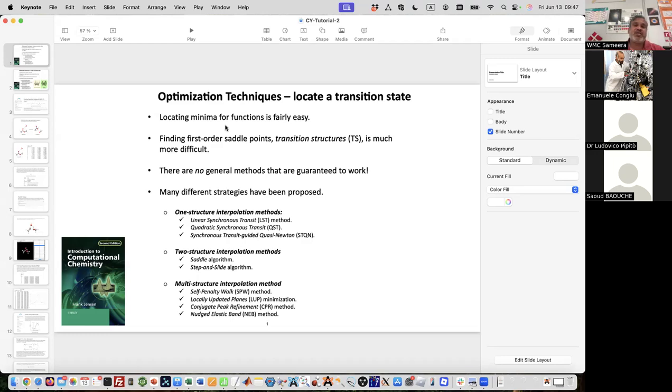But transition states are challenging to optimize, because we don't have a standard algorithm to do that. There are several algorithms I show here.